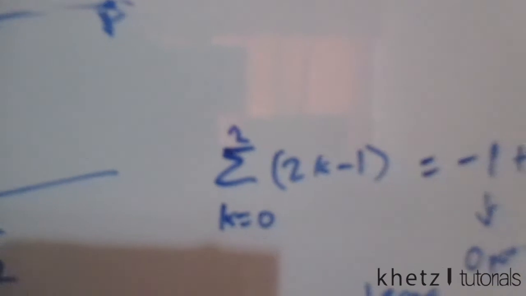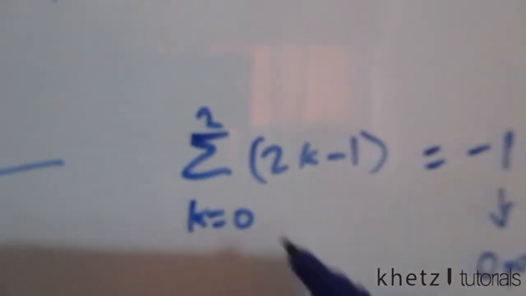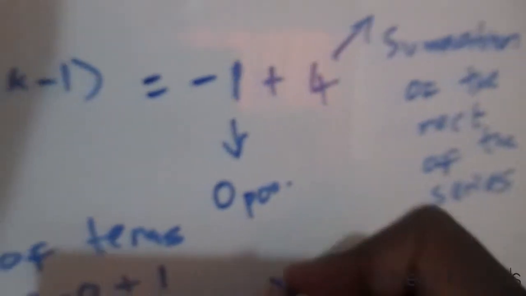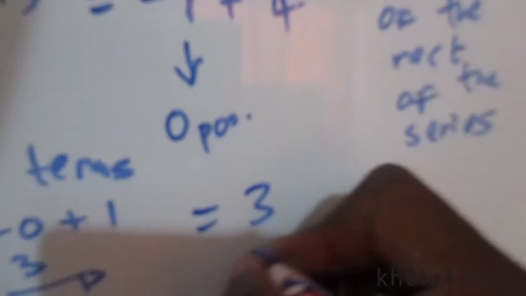From 0 to whatever number, you can just use the corresponding formula and find the sum from 1 up to whatever number. That is what we basically did here. And the answer would therefore be 3.